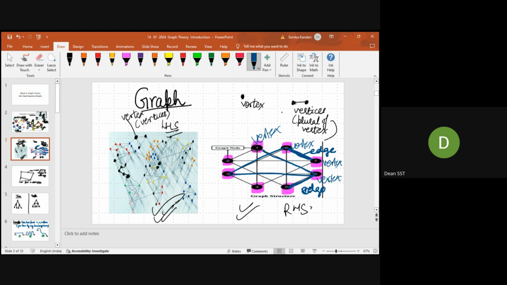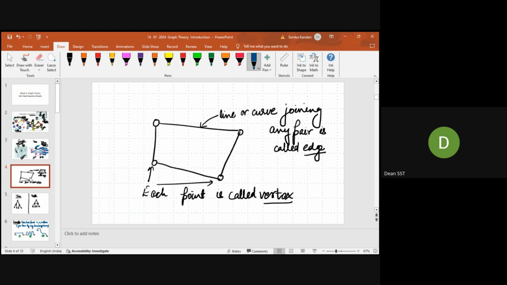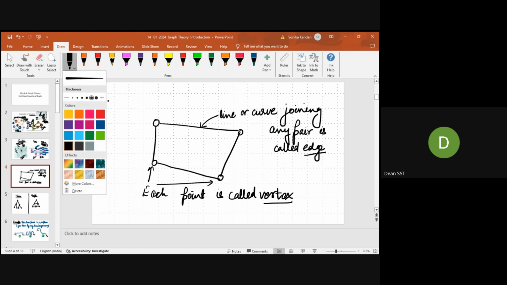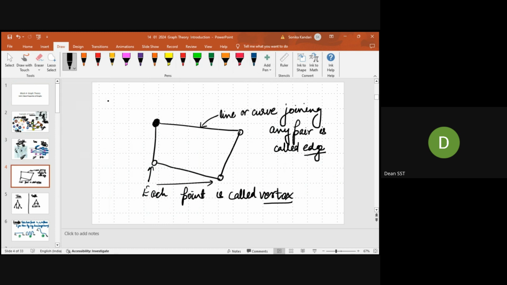In simpler form, if we see any graph, we find it as a collection of vertex and edges. So these four circle points, these are vertex.